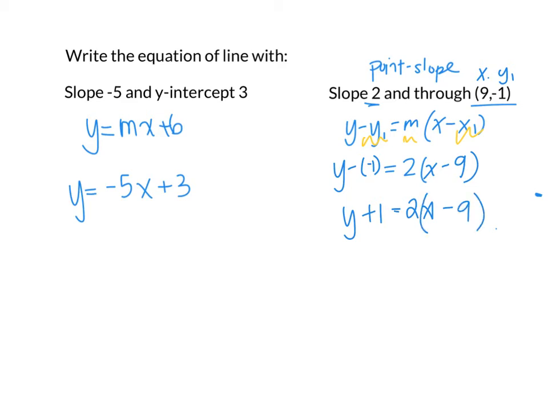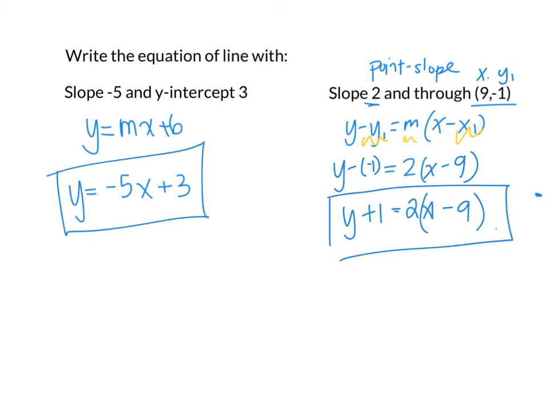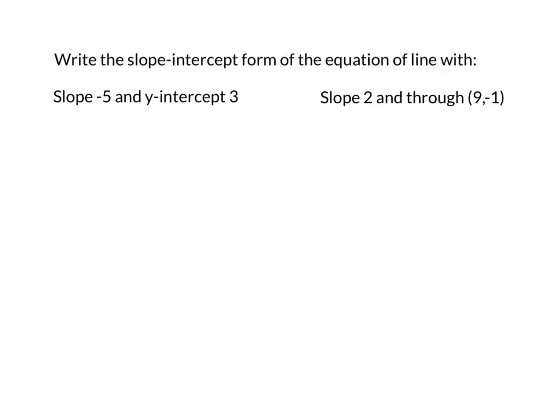You're allowed to leave it there. Again, if it does not specify what type of equation to use, just put it in whichever one is most convenient for you. In the next page, we're going to be looking at when they do specify what form they want.